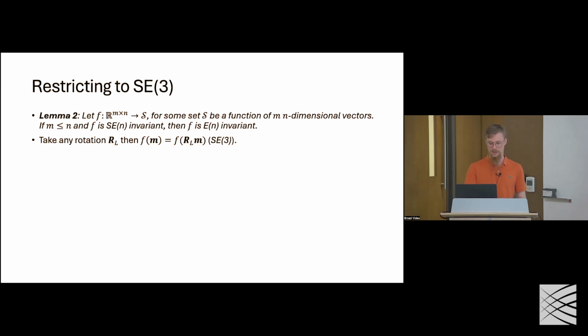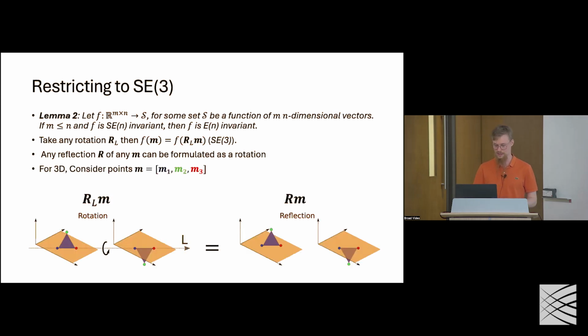Just to remind, we can do any rotation and the function will be the same. But because of the dimensionality, any reflection can also be formulated as a rotation. We can look at this example in 3D space, where we have these 3 points.